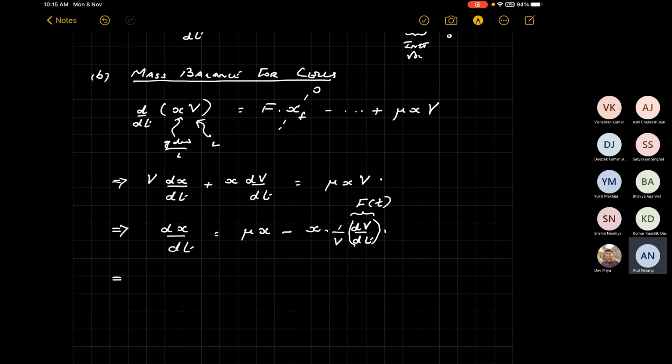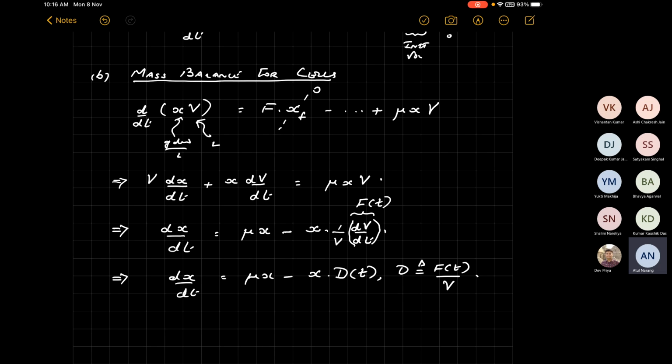So I can write this as dx dt equals mu x minus x times F of t over v. And that, if you remember, is formally what we call the dilution rate. The dilution rate in a chemostat was defined as the flow rate over the volume, and we will maintain the same definition. And it makes good sense. Why is this related to the dilution rate?